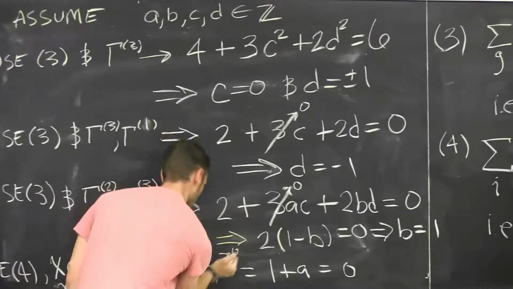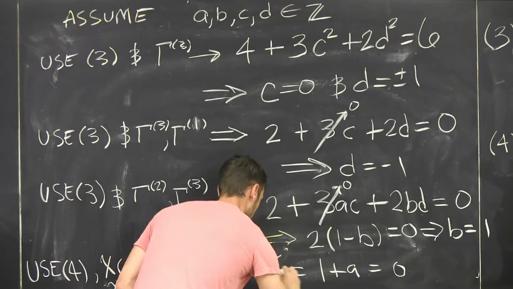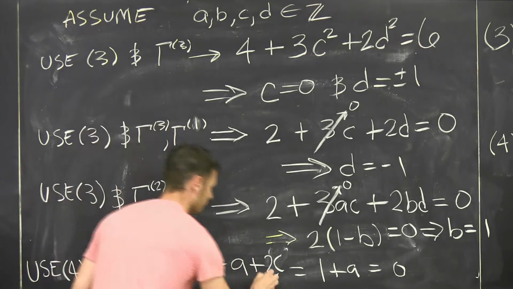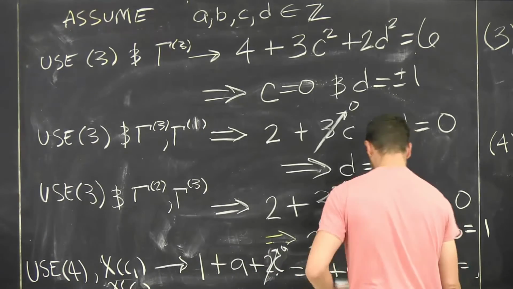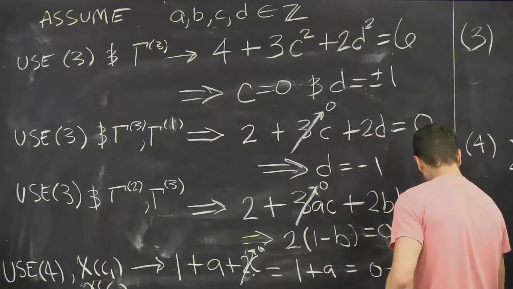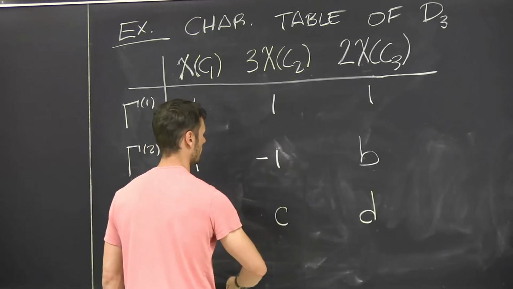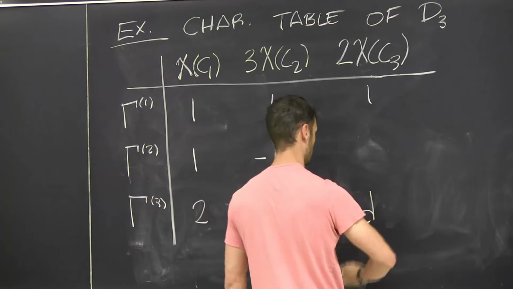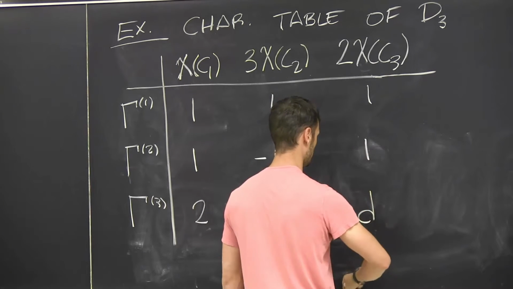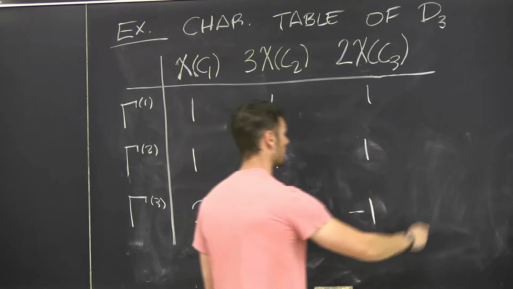In that case, this should be 2 times C, right? But in any case, it's still just 0. From this, I get that A is equal to minus 1. So now I can fill this out. Minus 1, 0, B is 1, and D is minus 1. So now my character table is filled out.